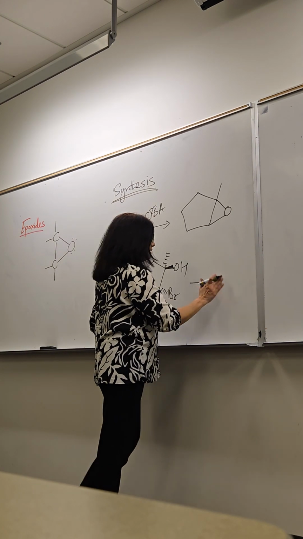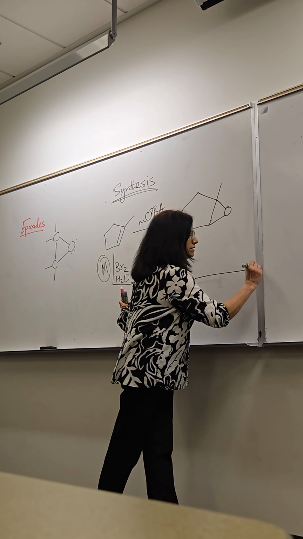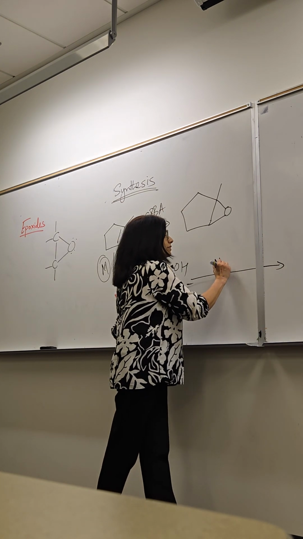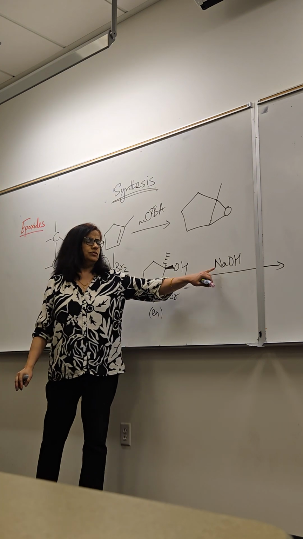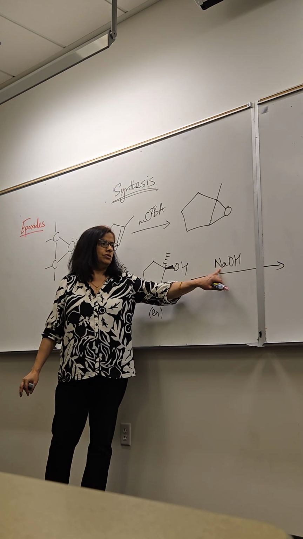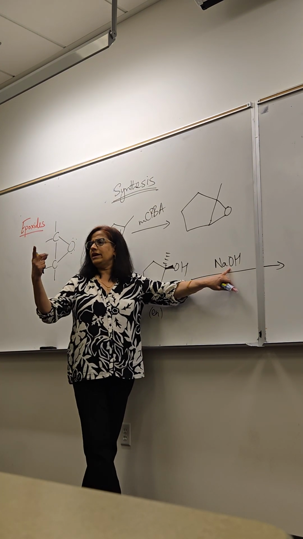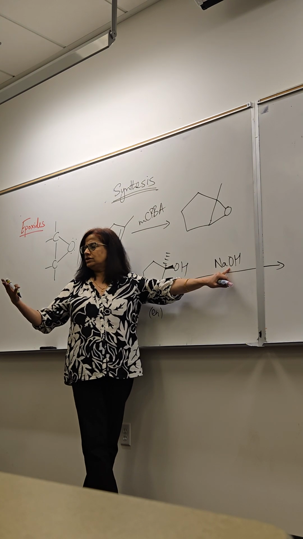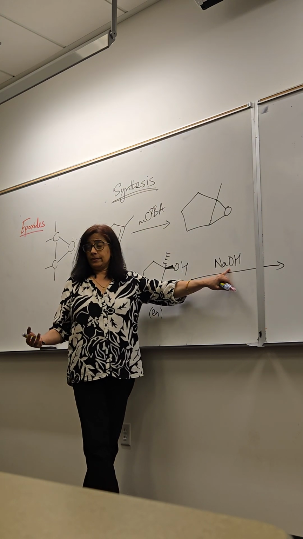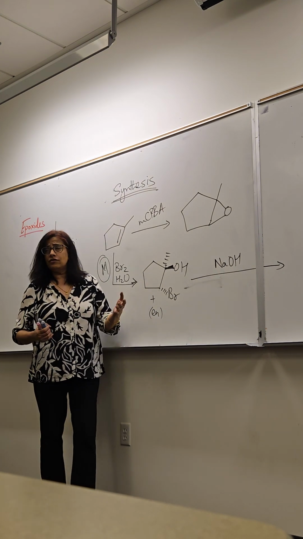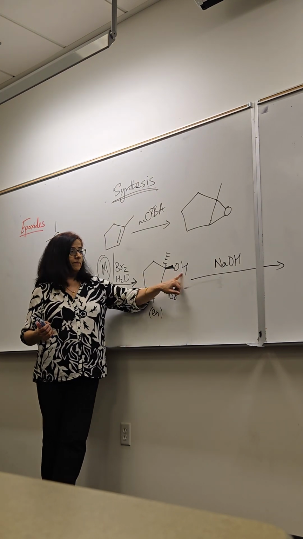Once you get the halohydrin, it can be deprotonated by using sodium hydroxide. What do you think that will do? Is that an acid, a base, an oxidizing agent, a reducing agent? It's a base, and a base accepts protons. The proton comes from the OH group.